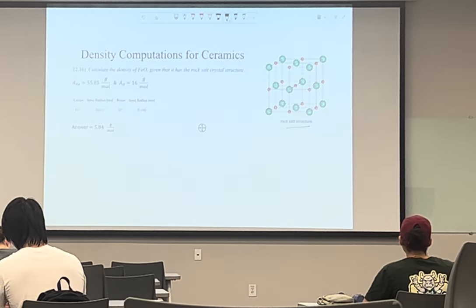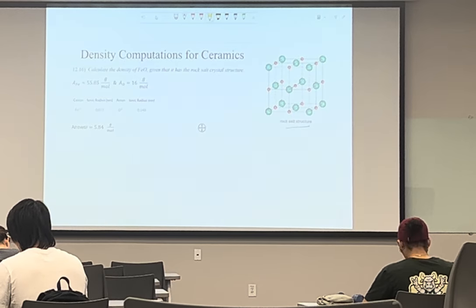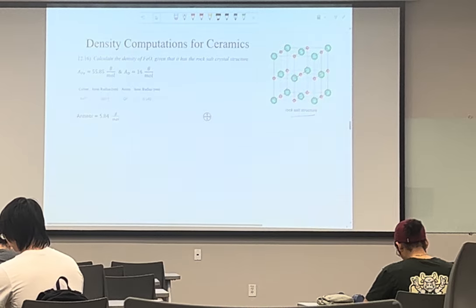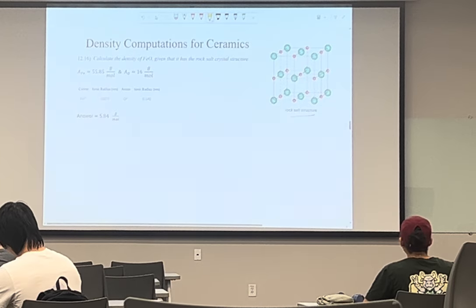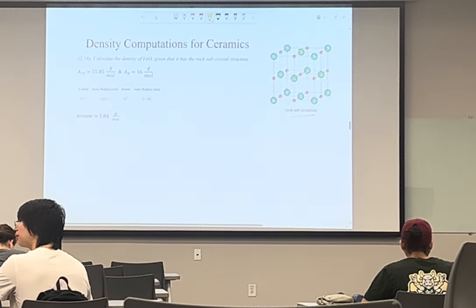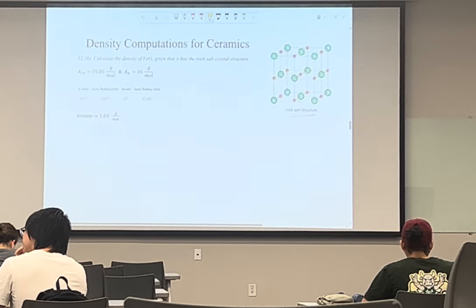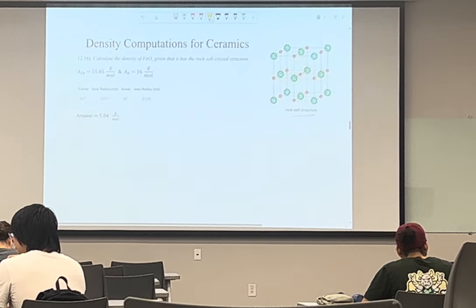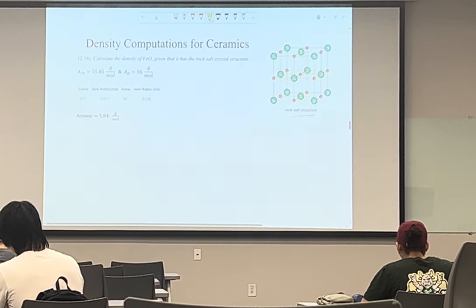So each one of these green elements on the surface of our unit cell, just half of it is inside the unit cell and half of it is outside the unit cell. So in total, we have 6 of these oxygens, so it's going to be 3 in total.